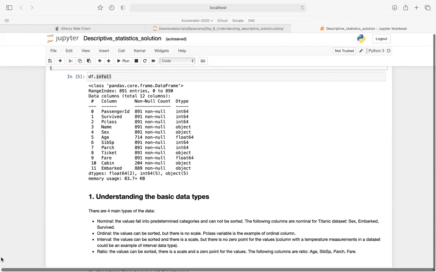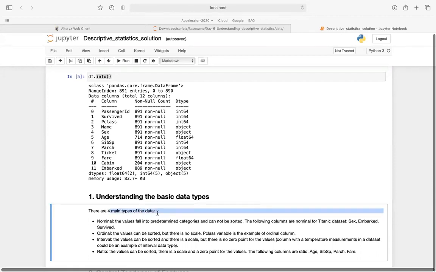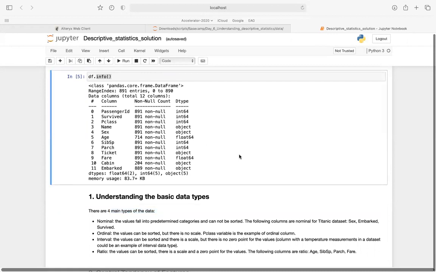So there are potentially four main types of data. Let's try to understand them. First is nominal data. The values fall into predetermined categories and cannot be sorted.